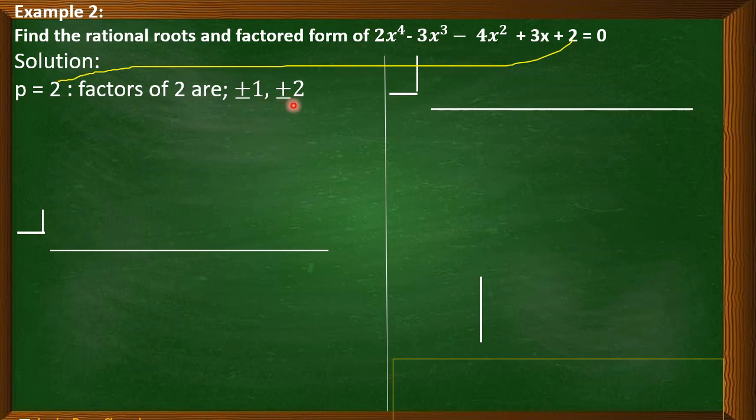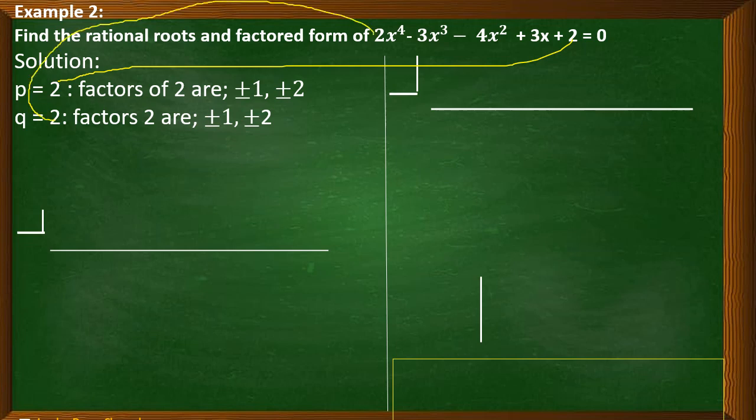Next, we have to determine also the value of our q. So this time our q is equal to 2 also. It is coming from the leading coefficient. So factors of 2 are the same, plus minus 1 and plus minus 2. So for the possible roots p over q, we have to divide.